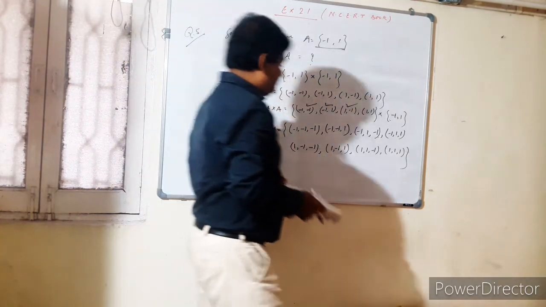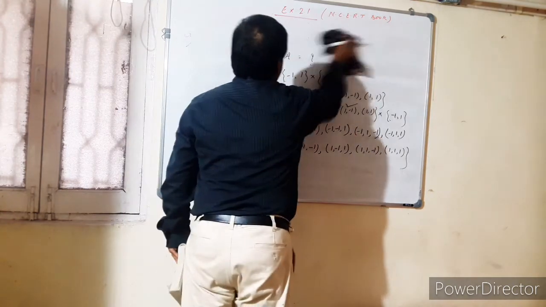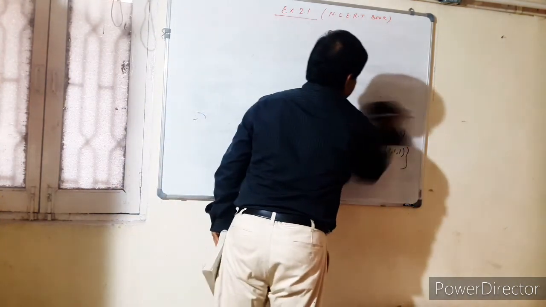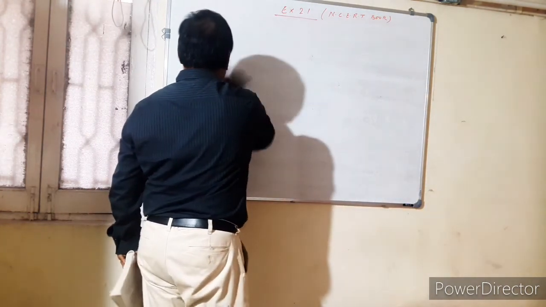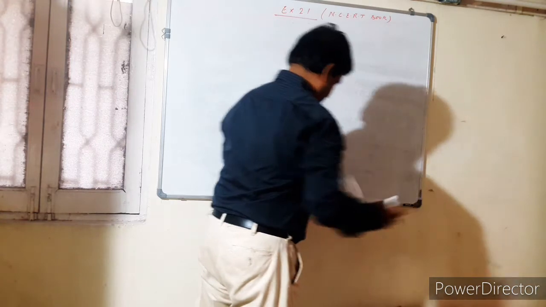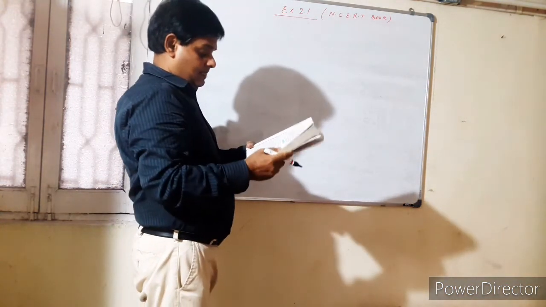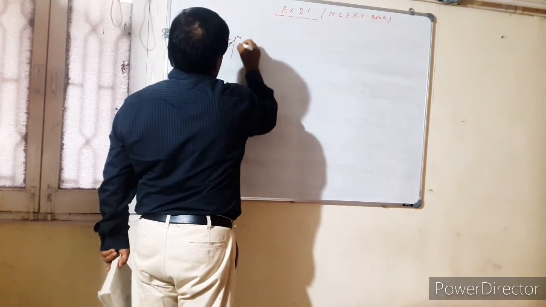Now question number 6 here. See here. If A cross B, we have solution.